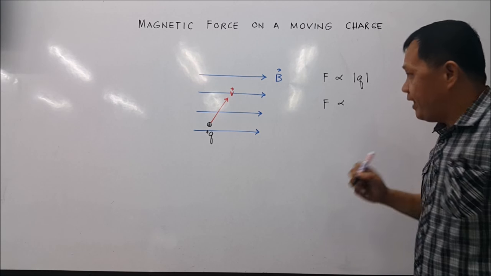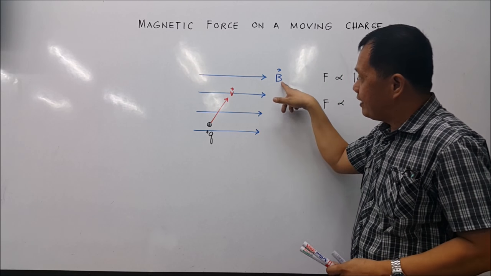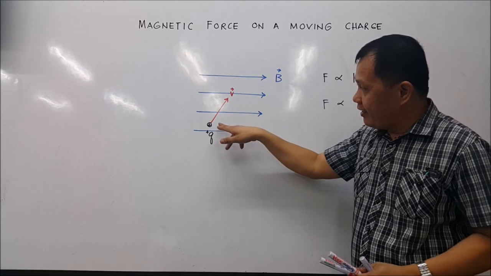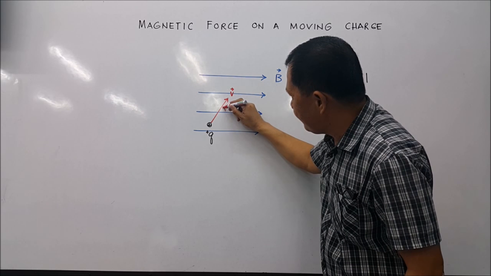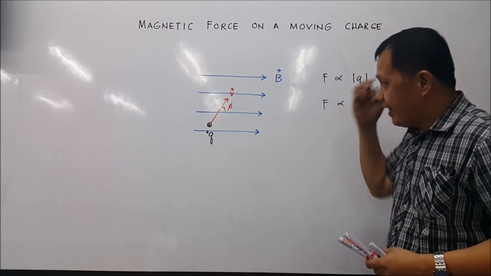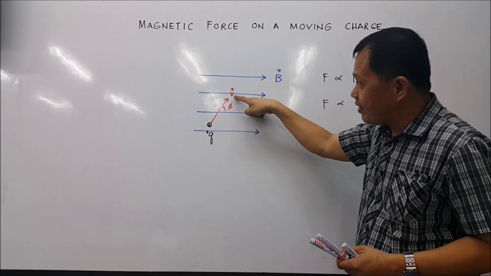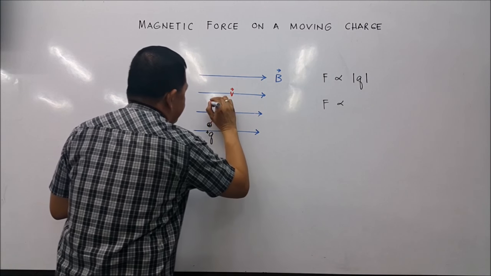So let us say the angle between the magnetic field and the velocity of the charge, this angle here, let this angle be phi. Then the component of the velocity perpendicular to the magnetic field will be this.